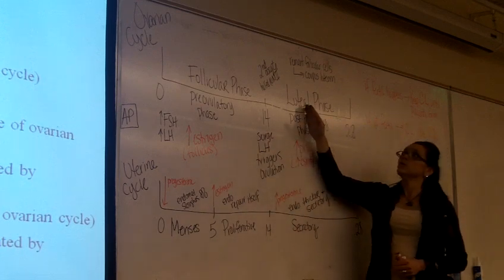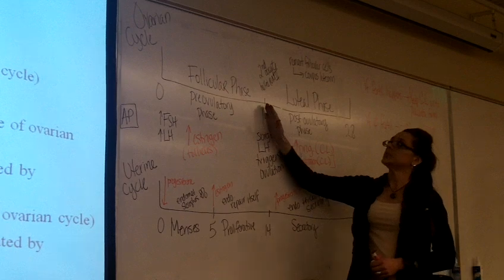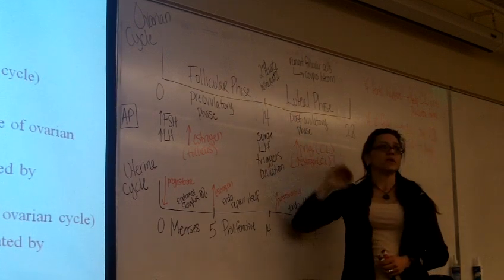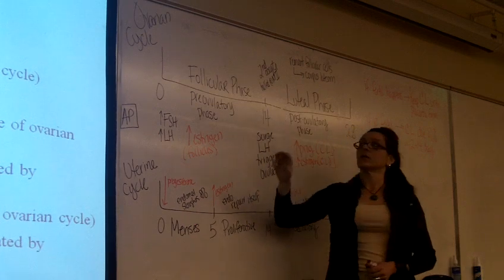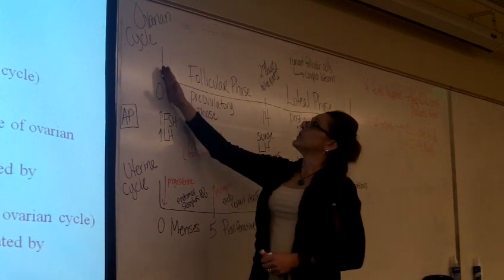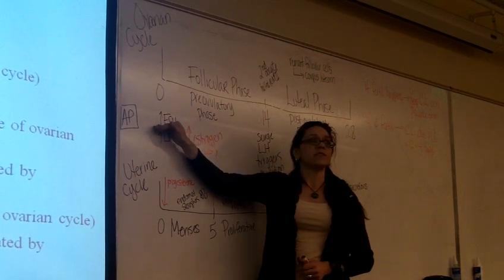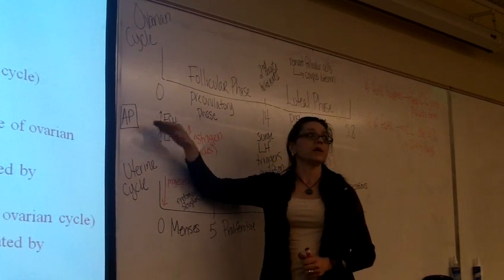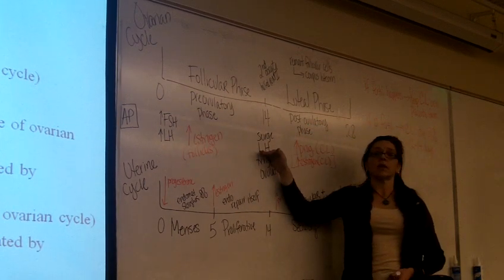What happens in the luteal phase? That's when the corpus luteum forms. What happens on day 14? That's when ovulation happens. And then say what causes this to happen. Beginning of the ovarian cycle, the follicular phase is due to FSH levels from the anterior pituitary rising. Ovulation due to a surge in LH.